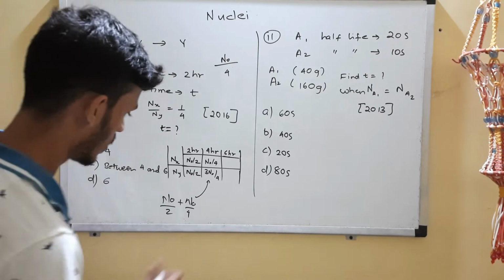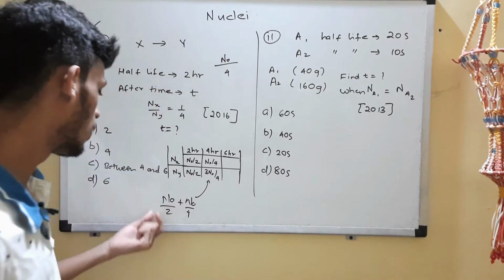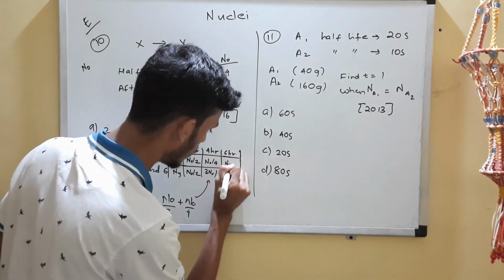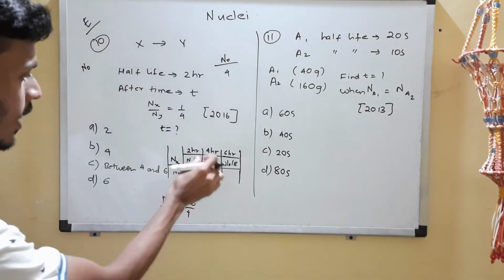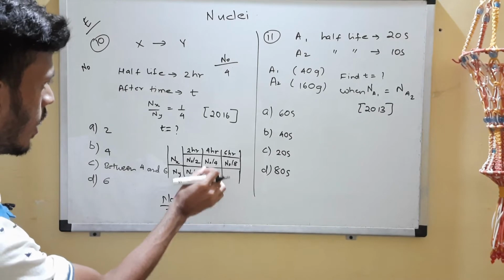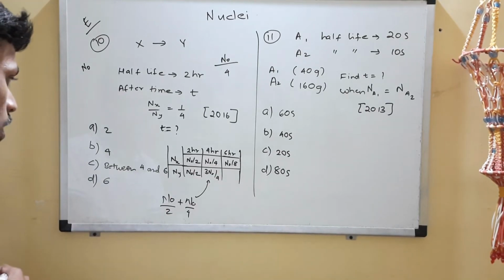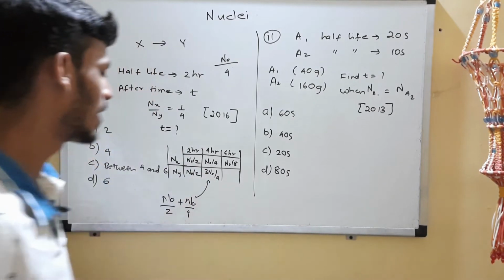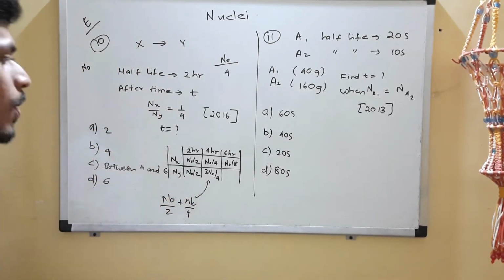Half plus, if I multiply 2 over here, yes. Now again this will become n0 by 8 at 6 hours. If you take this ratio over here, it will give you 3 by 4, or 4 by 3. No, sorry, 1 by 3. So this ratio is 1 by 3, again not equal to this.